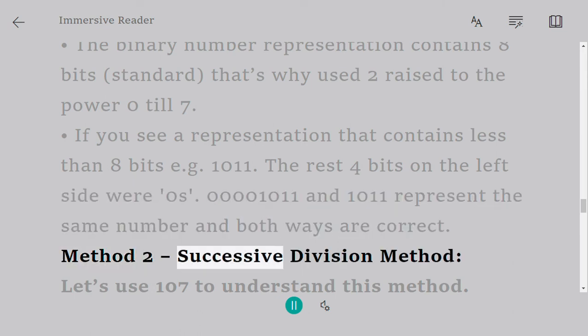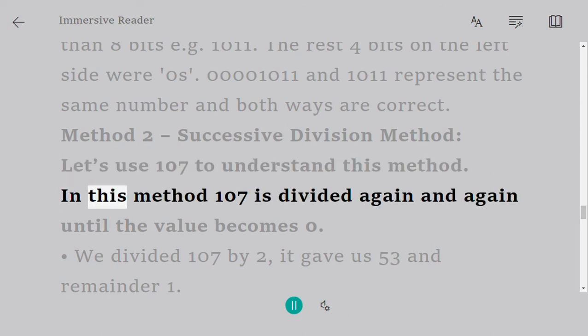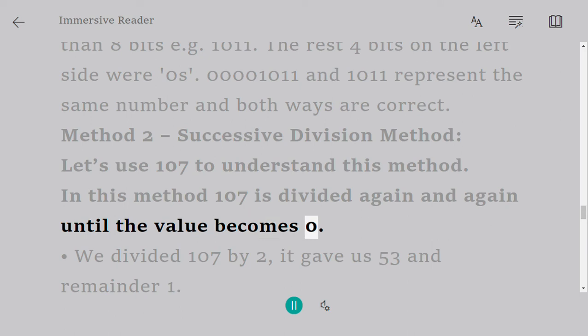Method 2, Successive Division Method. Let's use 107 to understand this method. In this method 107 is divided again and again until the value becomes 0.